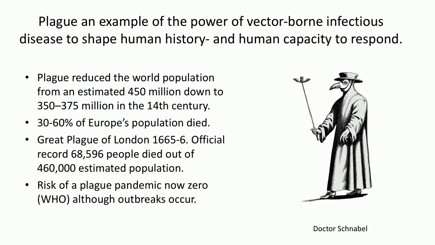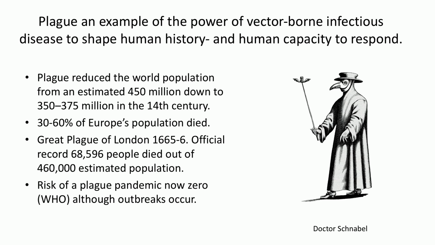Plague, the absolutely archetypal, devastating epidemic, reduced the world population, as you can see, by a very substantial amount in the 14th century, where the plague epidemics reduced the European population by somewhere between 30 and 60%. So a quite astonishing epidemic. The Great Plague of London, which was after this college was founded, the official record had over 68,000 people dying.